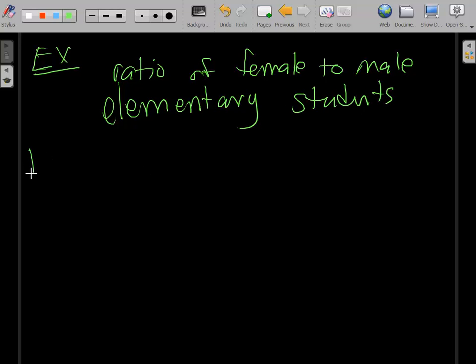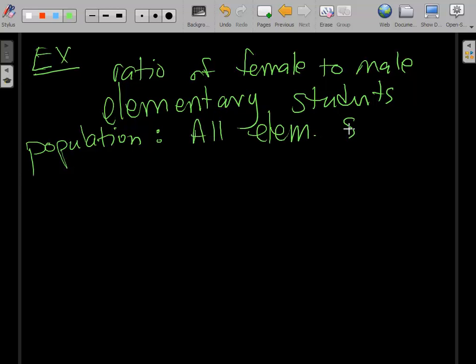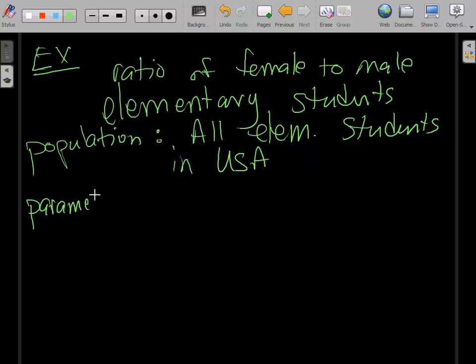Okay, so here our population would be all elementary students, let's say, in the country. Okay, because other countries don't call them elementary schools. And then our parameter, the thing that we're trying to measure, is this female-male ratio. Okay, so I'll write it like this: females to males.